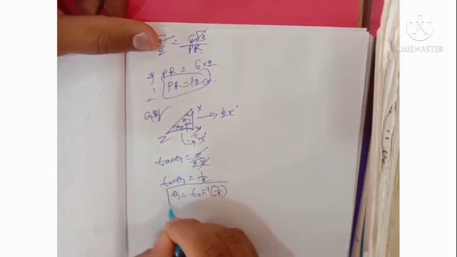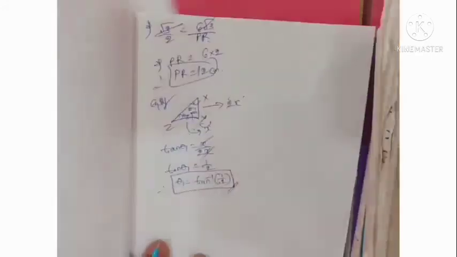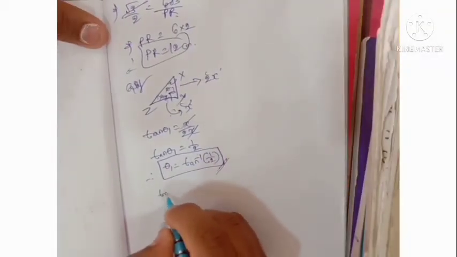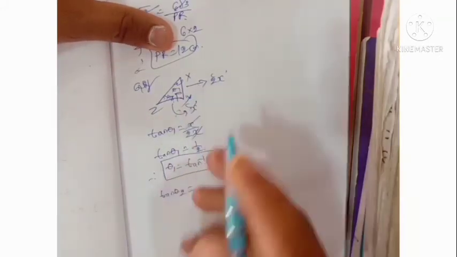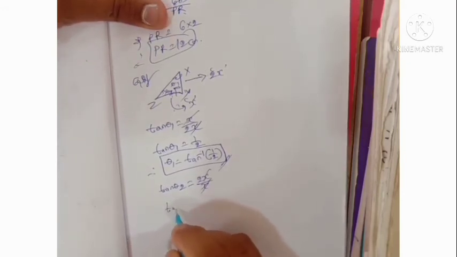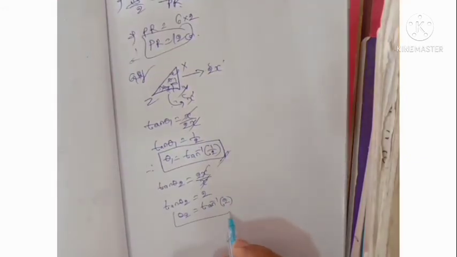Then tan theta 2, opposite by adjacent, 2x by x. Tan theta 2 is equal to 2. Theta 2 is equal to tan inverse of 2.